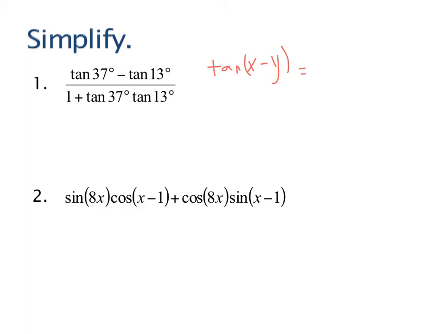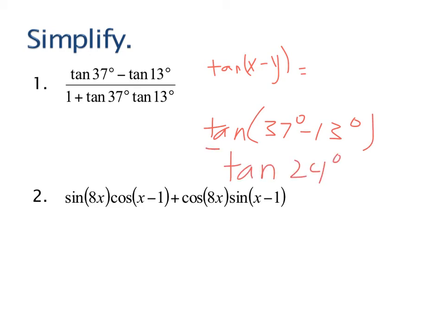I notice that because the big thing is tangent of 37 degrees minus tangent of 13 degrees. Since that's subtraction, it will be subtraction there. So what I can go ahead and rewrite this as is just tangent of our first angle, so 37 degrees minus 13 degrees. Okay. So then that would be tangent of 24 degrees. And it just wants to simplify, so that's our answer.